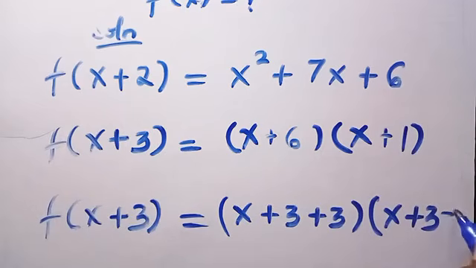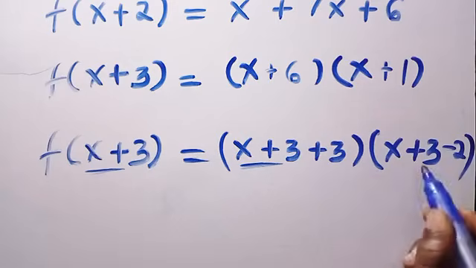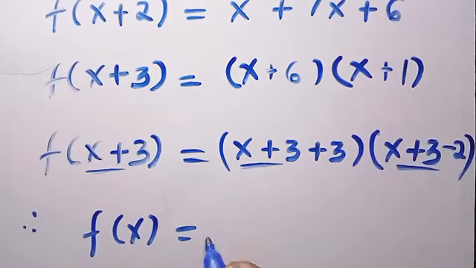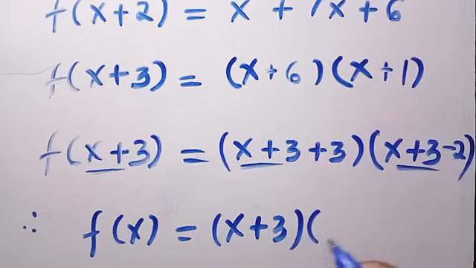That is, we have to subtract 2 from this. After the subtraction of 2, we replace every single x plus 3 with x. Therefore we have f of x equals, here becomes x plus 3, and this becomes x minus 2.